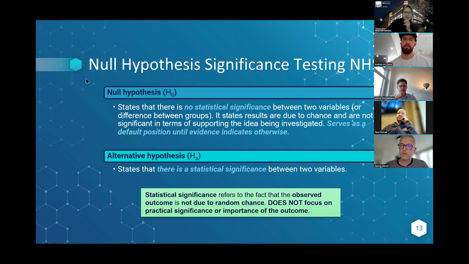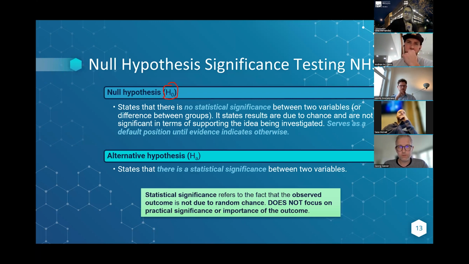So we are always testing this by default, and this null hypothesis, expressed as H0, will serve as the default position until the evidence in our data indicates otherwise. So all the time, every time, we are testing the null hypothesis.